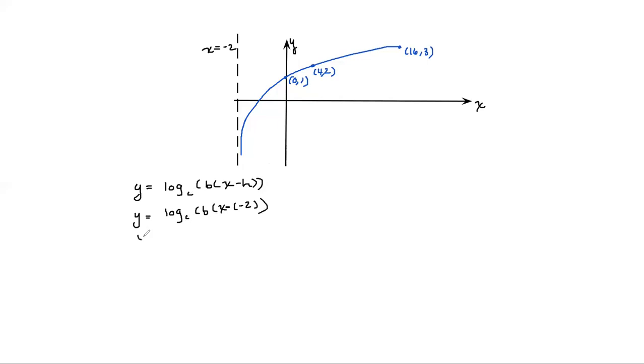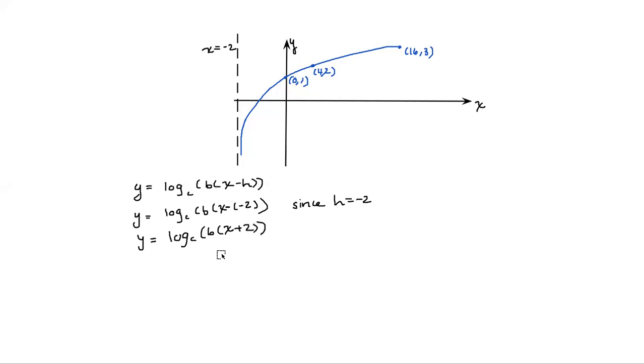So since the value of h is -2, the function will look as follows: bx minus -2, so bx plus 2.